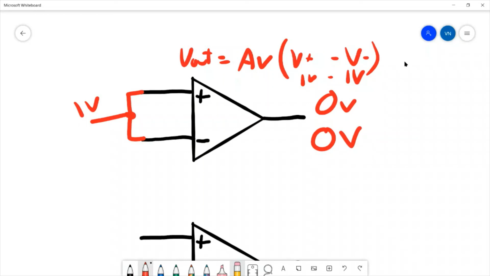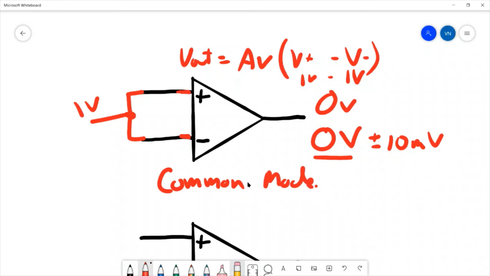Bear in mind that sometimes there are minor differences in the input transistors, so although you're supposed to get 0 volts out, you might get a couple of millivolts in either direction, plus or minus 10 millivolts. This is called a common mode input. When we put the same thing on both sides, we call that a common mode input because we're putting a common signal to both inputs.